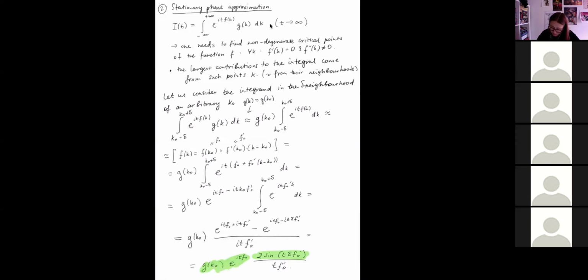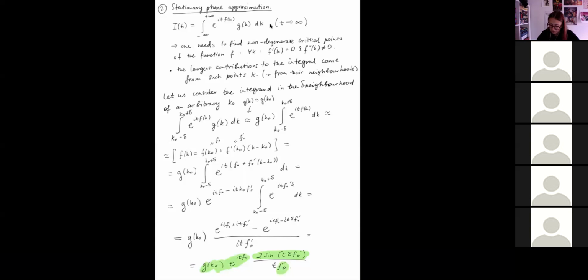These two are like constants, and last but not least, in the denominator we're dividing by f0 prime. The sign just oscillates.